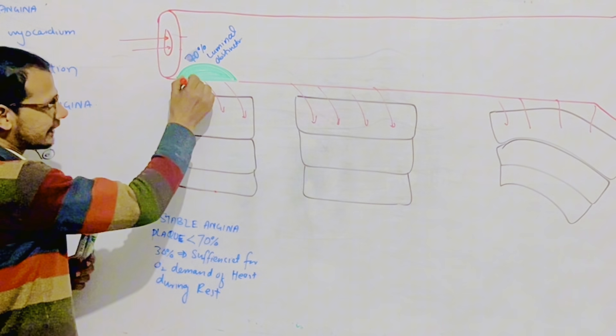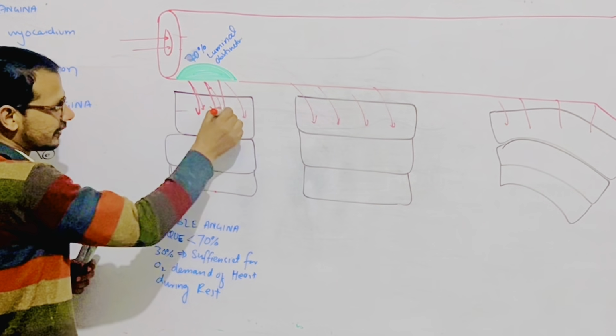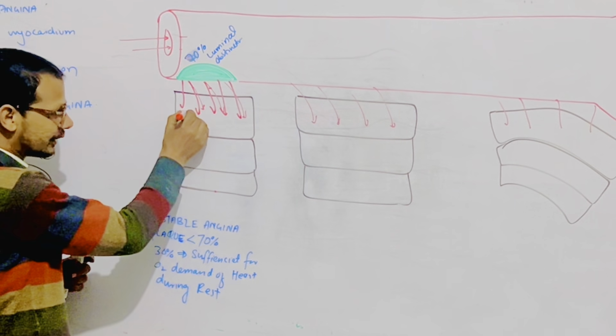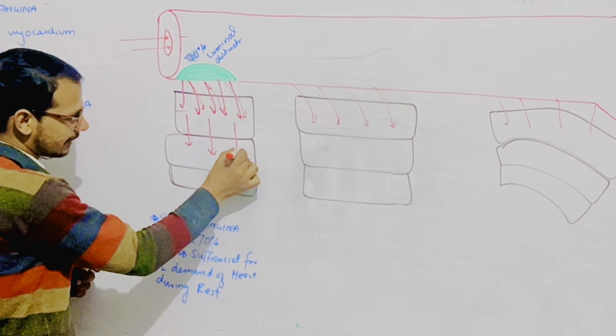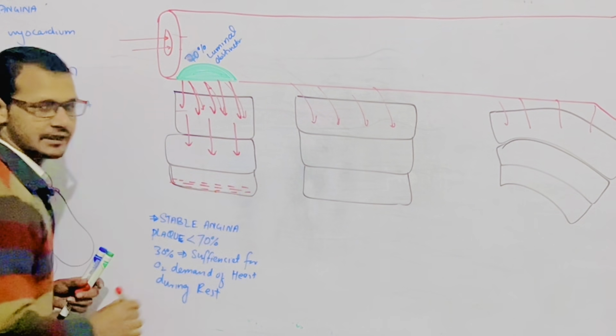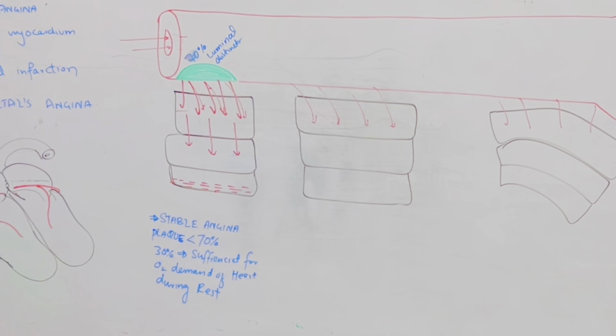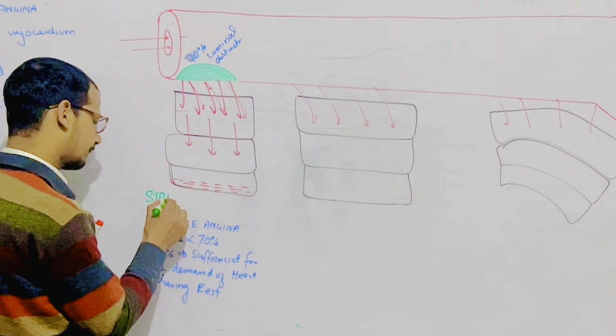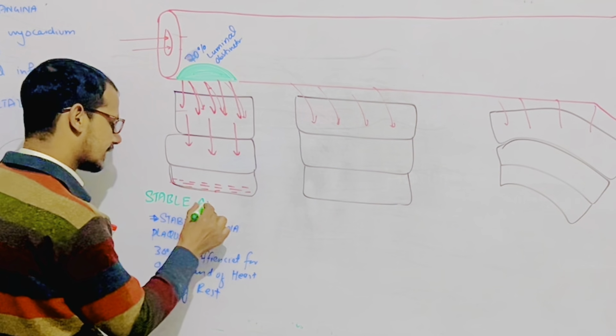Because the blood is near the endocardium, it will fulfill the demand. But when the blood comes here, these tissues will not be sufficiently fed, and this condition is called stable angina.